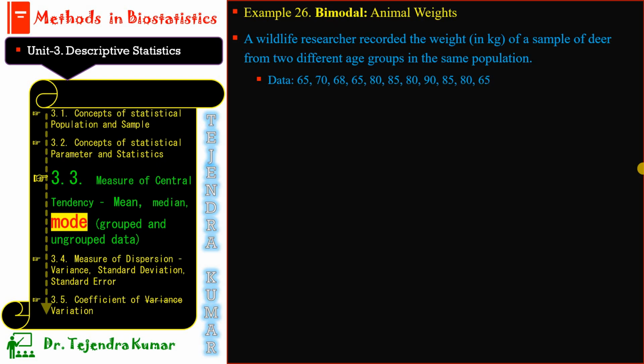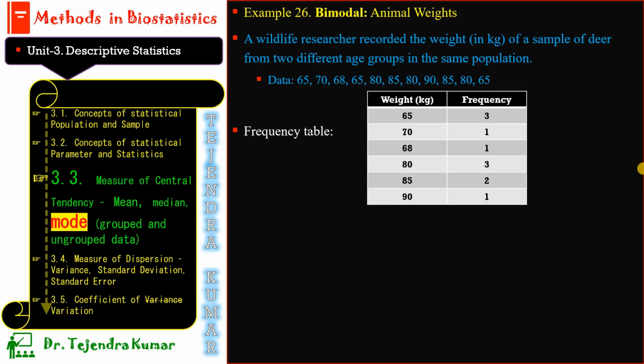In the next example, this example is taken for bimodal distribution. So an animal weight example is taken. A wildlife researcher reported the weights in kilograms of a sample of deer from two different age groups in the same population, and the data is given here. We will apply a frequency table because the data is large, and we will arrange the entire data in ascending order and write the frequency beside them.